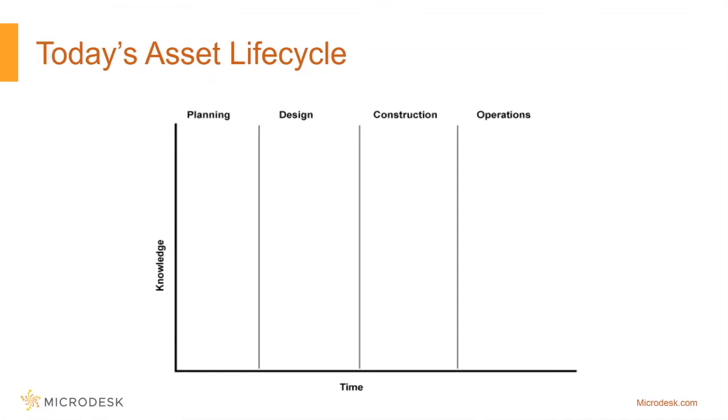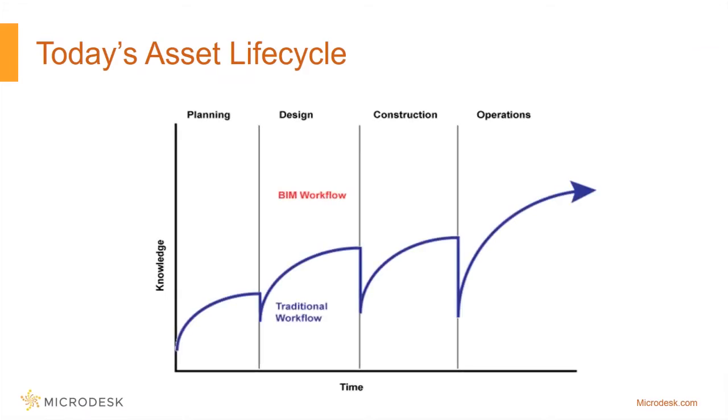So some of the challenges that we have going forward, and many of you will probably recognize this chart here. When you start to plot time versus knowledge in each one of the stages of an asset lifecycle, what we have is the traditional workflow, which shows that there's a knowledge gap that occurs between each one of these stages.